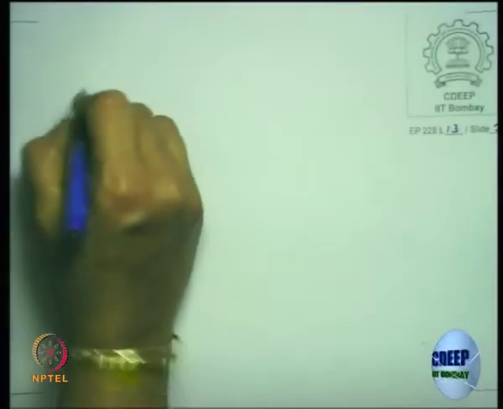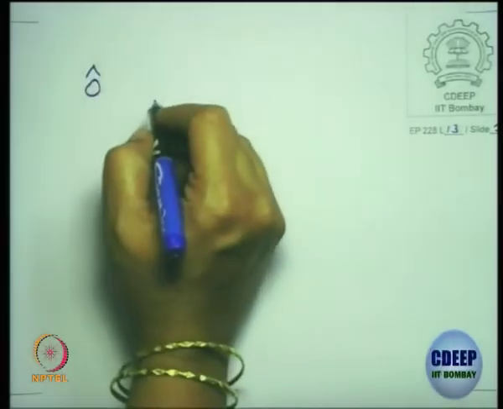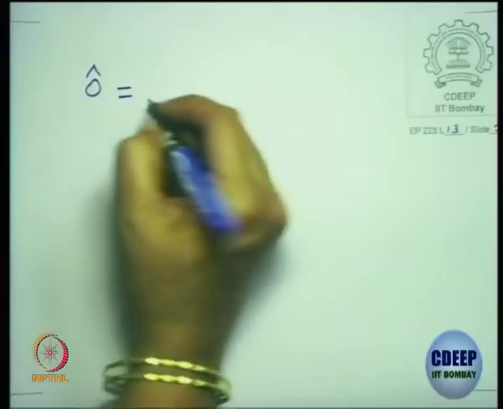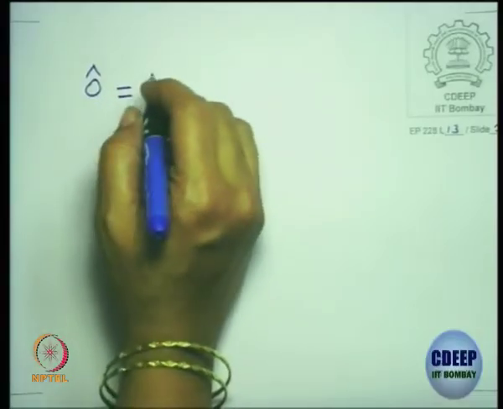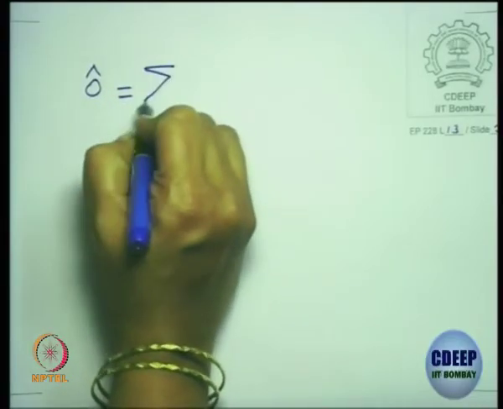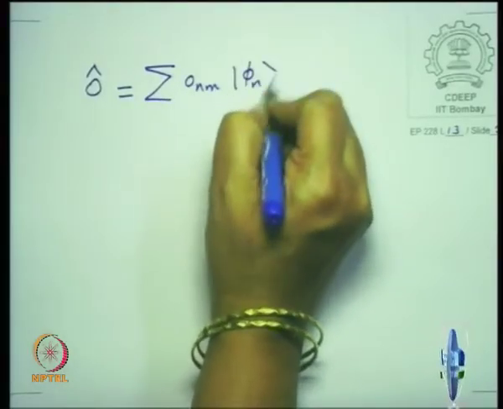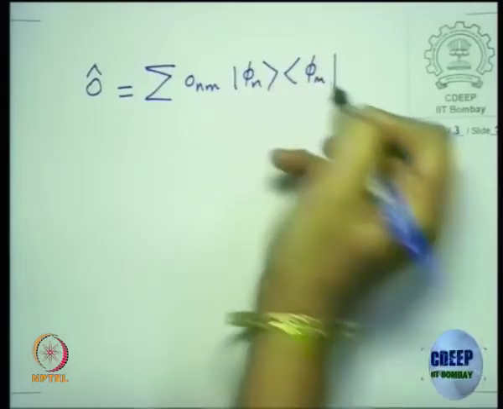Operators acting on the Hilbert space correspond to observables. What are the properties? We have said that O hat is a linear operator, and in a finite dimensional space you can give it a representation involving O_nm, phi_n, phi_m.